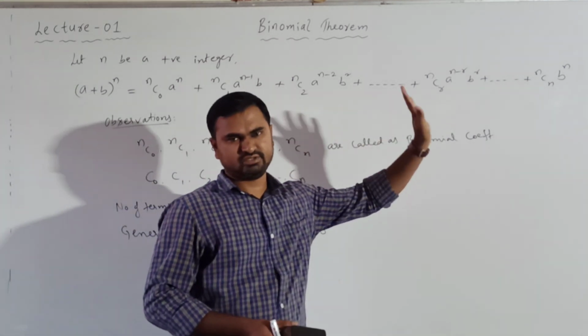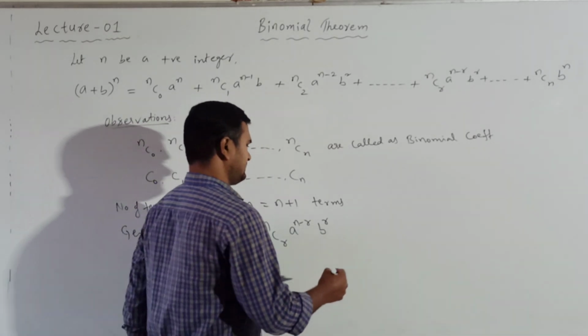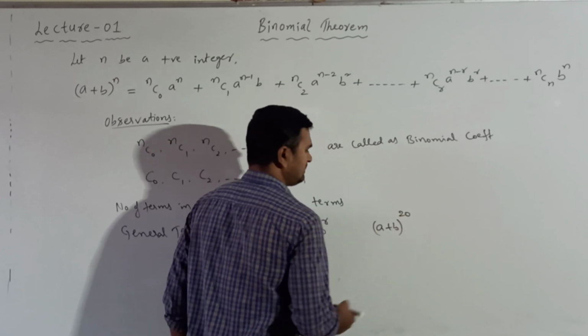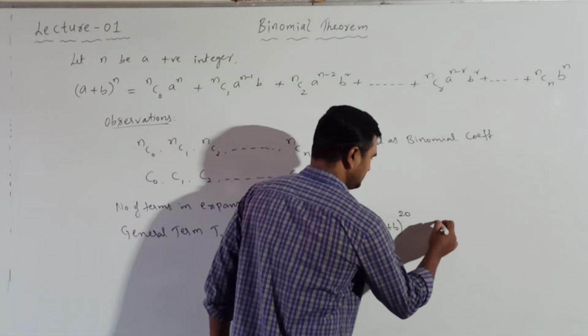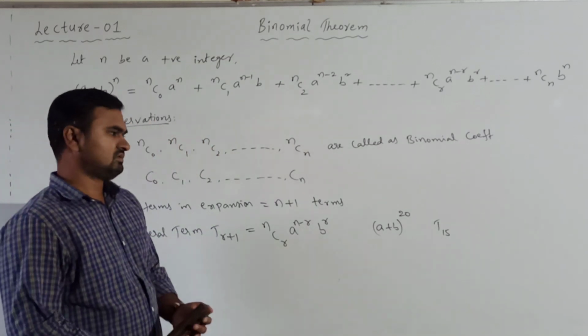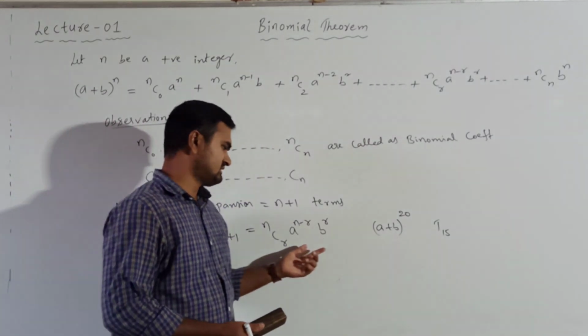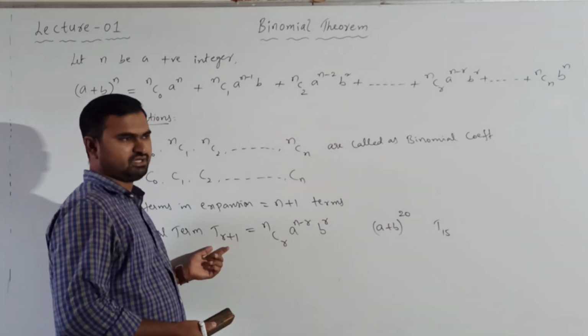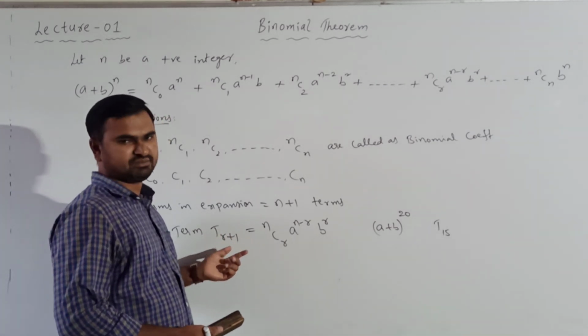Suppose in the expansion of (a plus b) whole power 20, I want to find the 15th term, T15. Now we can find T15 using this general term formula. The general term formula is always written in the form T(r plus 1), so plus 1 is compulsory.